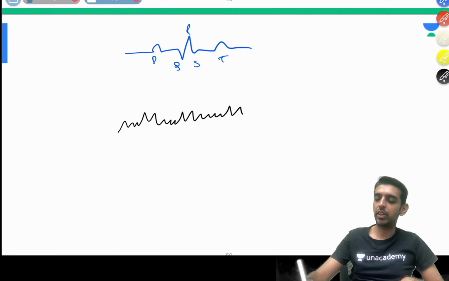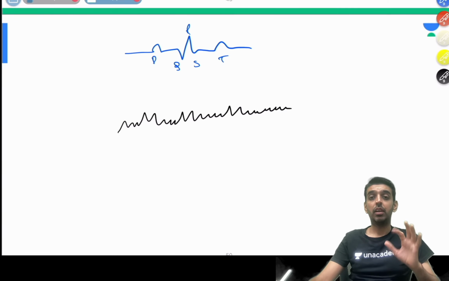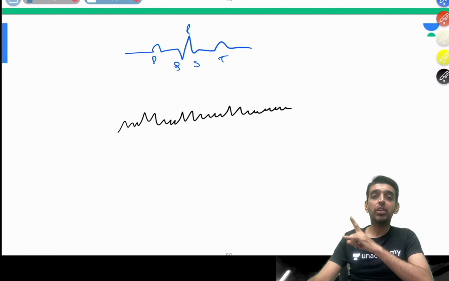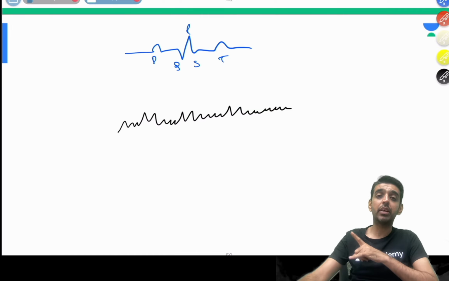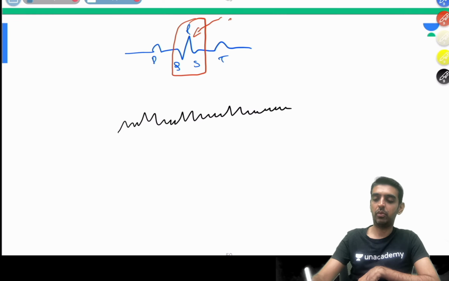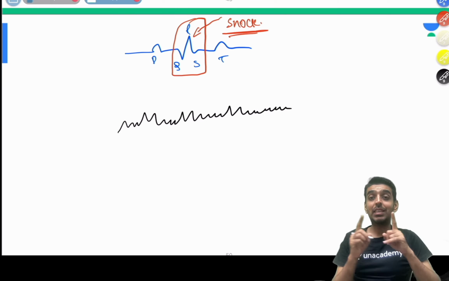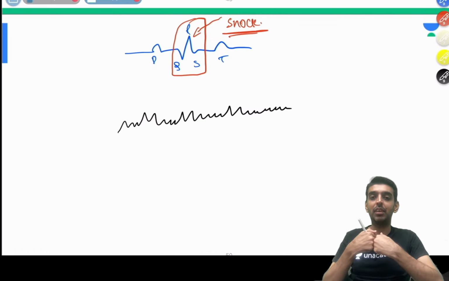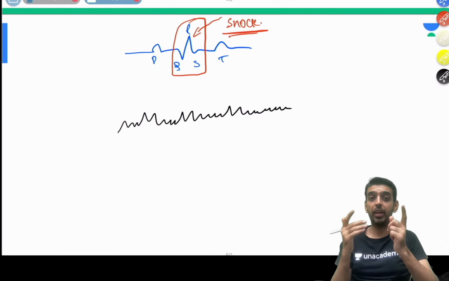It was this wave that we are getting. So when we say synchronous shock, what do we synchronize it with? The shock energy is synchronized with QRS complex. Whenever the QRS complex comes, the shock is to be delivered, right?